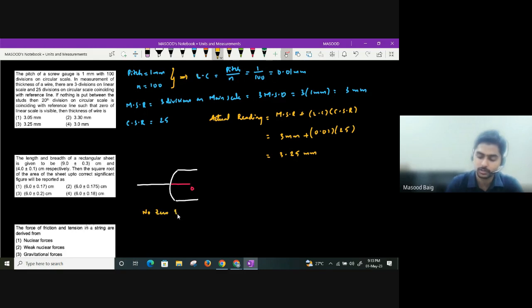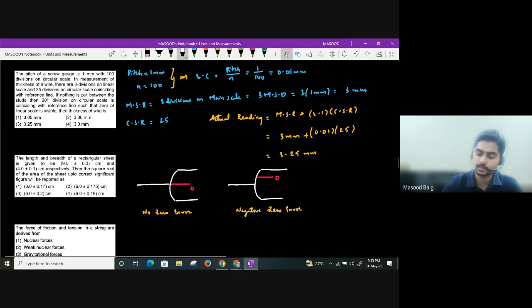No zero error in this case. However, if the 0 of circular scale is lying above the reference line, in this case you are going to have your negative zero error, guys. You will have negative zero error.